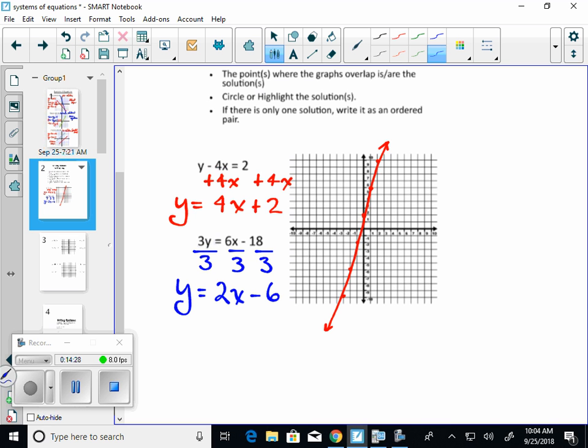This one tells me to start at the y-intercept, negative 6. So go down to negative 6 and use my slope. My slope is 2. That means I go up 2 over 1. And it looks like it's not crossing, is it? It's moving further away.